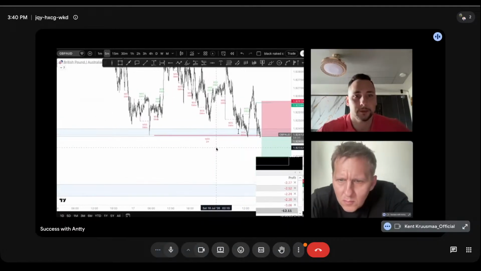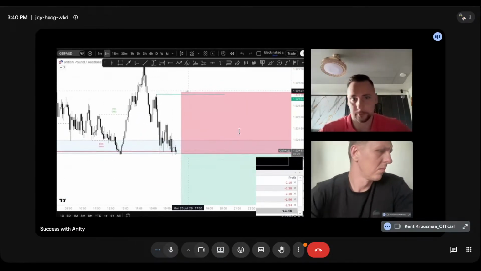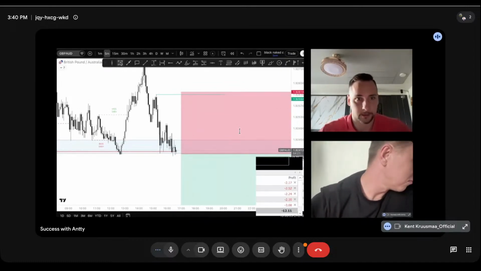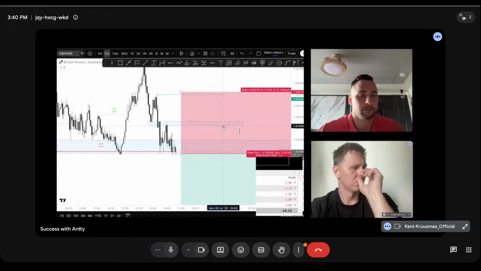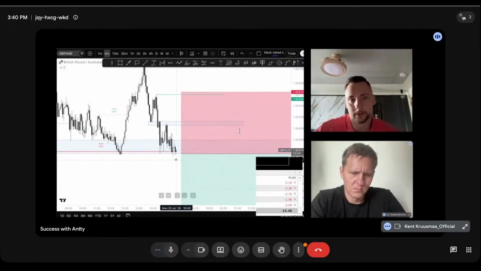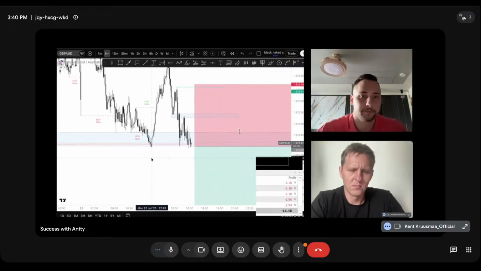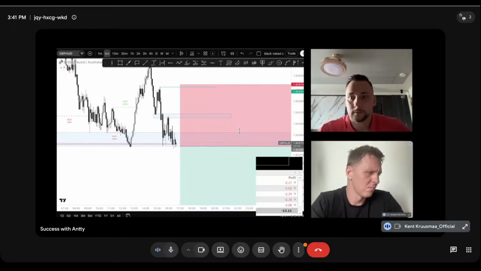At the same time, GBP pairs can be slow at times as well, but yeah, I would like to see this structure be broken. We might have gone in a little bit too early, but our stop loss should be safe, and I wouldn't expect it to go much higher than this area over here. That should be the absolute highest point where it's going to retrace. But still, I'm expecting it to break through finally. So let's see. Okay, let's see.